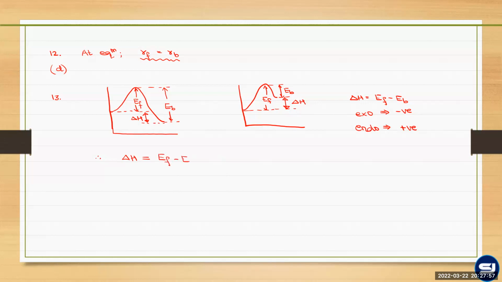Understood? Yes. So now this EF is 2/3 of EB, so 2/3 EB minus EB, and this is -40. So 40 will be equal to EB by 3, minus minus cancel, EB becomes 120.